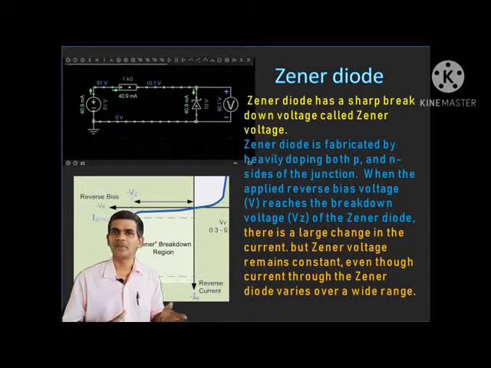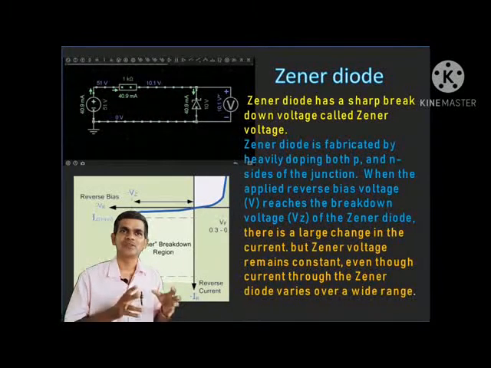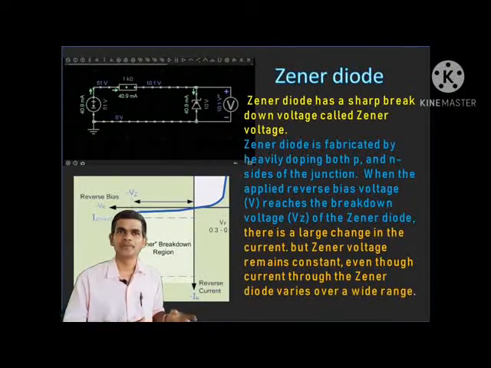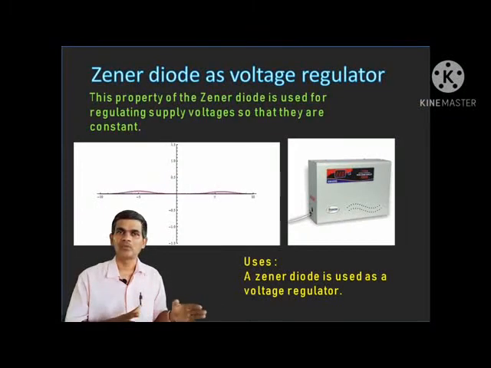Even if the current through this Zener diode varies over a wide range, this property is used as a voltage regulator. This property of the Zener diode is used to regulate power supply. The supply voltage may vary, but the current should not vary, then the devices will be safe.